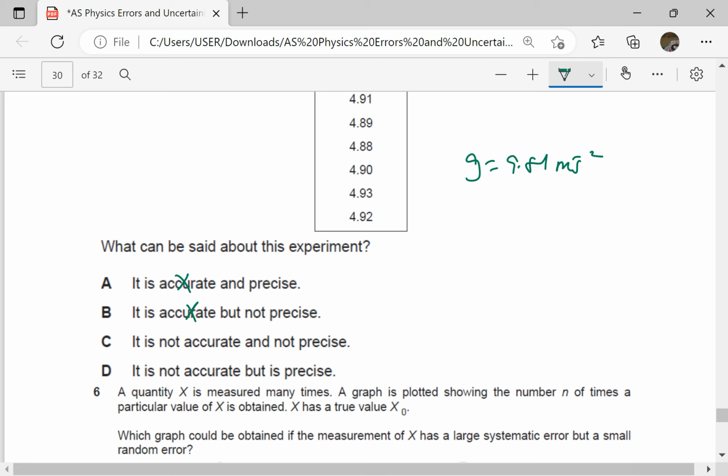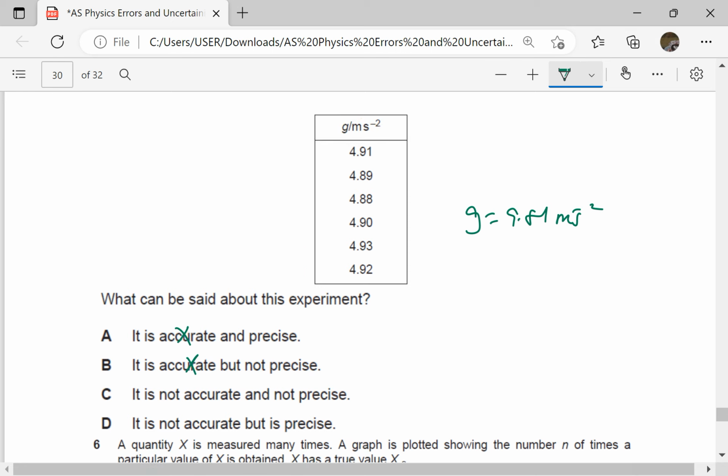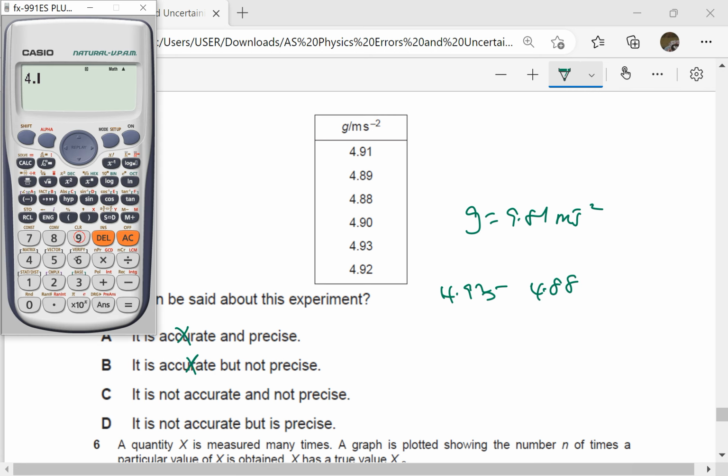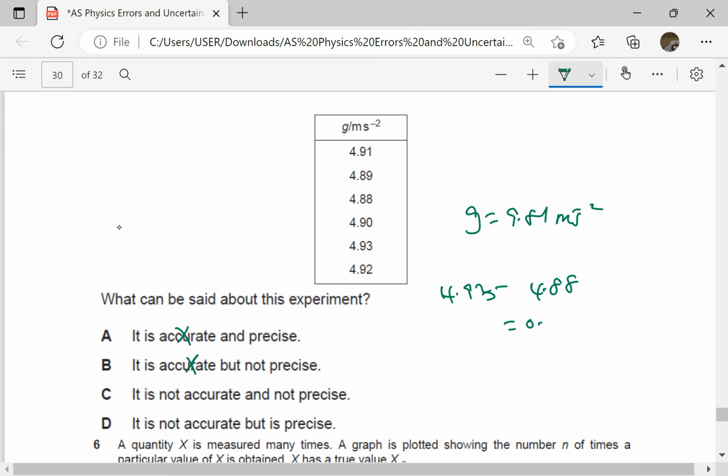Are they precise? Let's check. The range of these values: the highest is 4.93 minus the smallest, which is 4.88. 4.93 minus 4.88, I think this can be considered to be precise, 0.05.